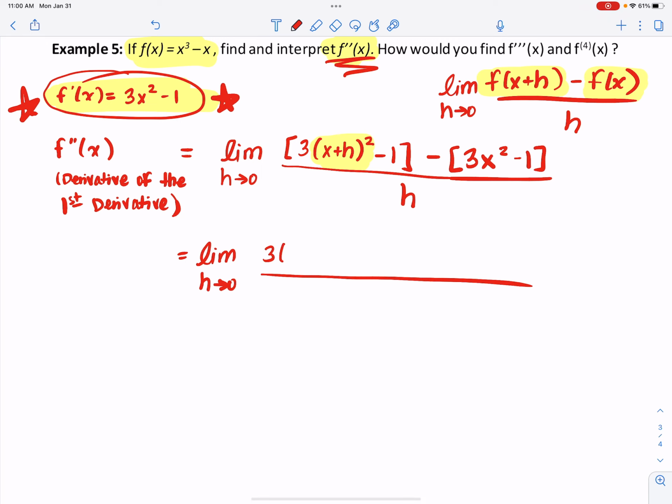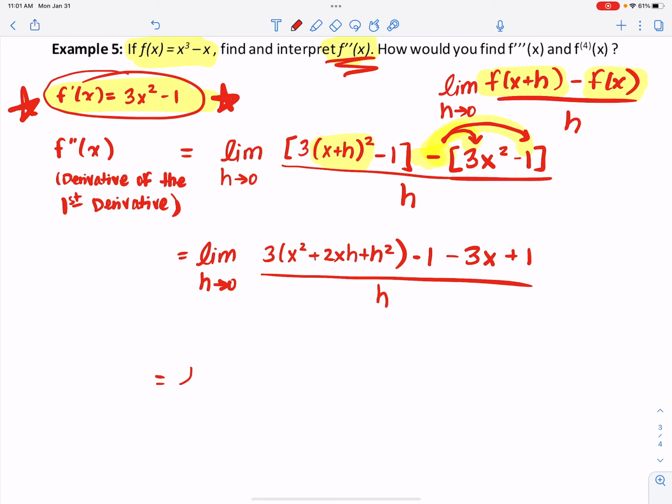You should get x squared plus 2xh plus h squared. Minus 1. Minus, I'm going to distribute that minus sign to both things in the parentheses. So minus 3x squared and minus negative 1 will turn to a plus 1. And the whole thing is over h.